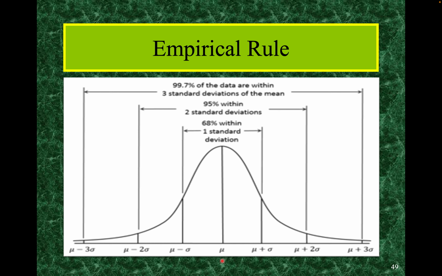Your measure of spread is, as we learned, the standard deviation, or the measures of variation or dispersion. If your data is normally distributed, whatever your mean is, that's going to be your central value or central tendency.